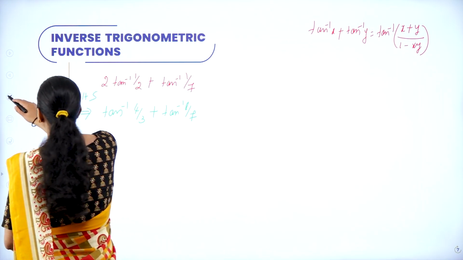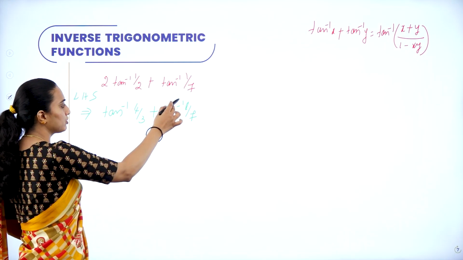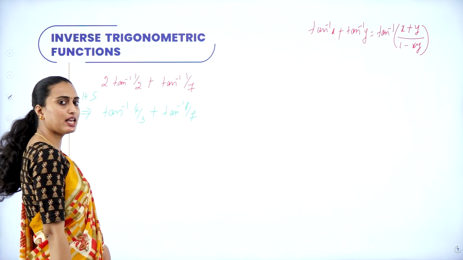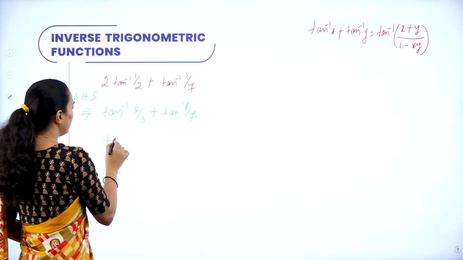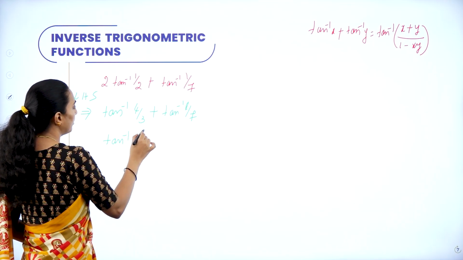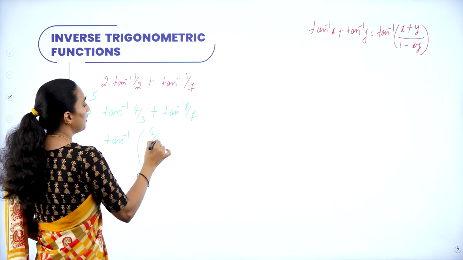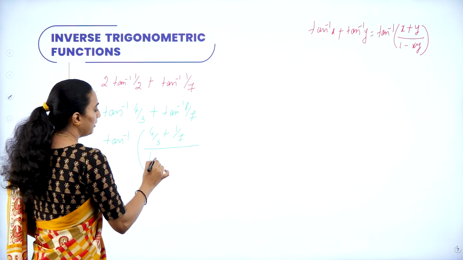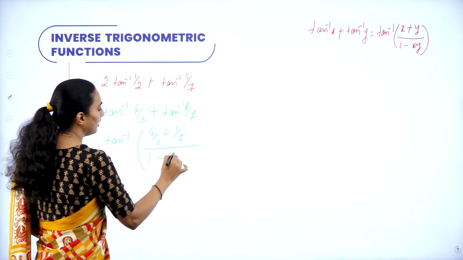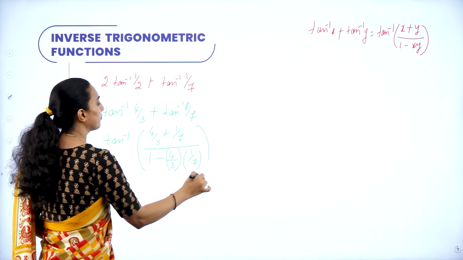In place of x, you are going to have 4 by 3. In place of y, you are going to have 1 by 7. So therefore, by writing that, that is tan inverse of x plus y, that is 4 by 3 plus 1 by 7, divided by 1 minus 4 by 3 into 1 by 7. Correct? Is that right?